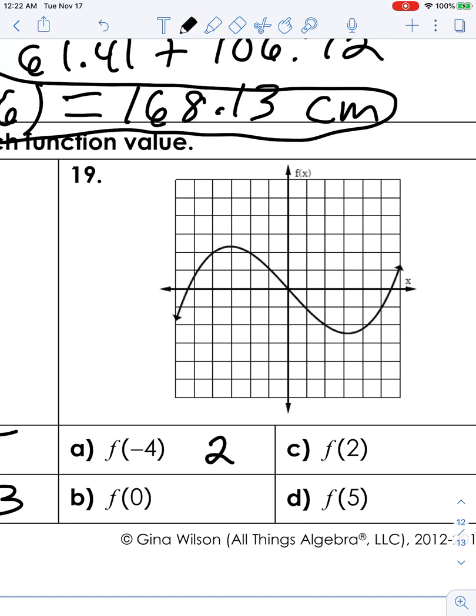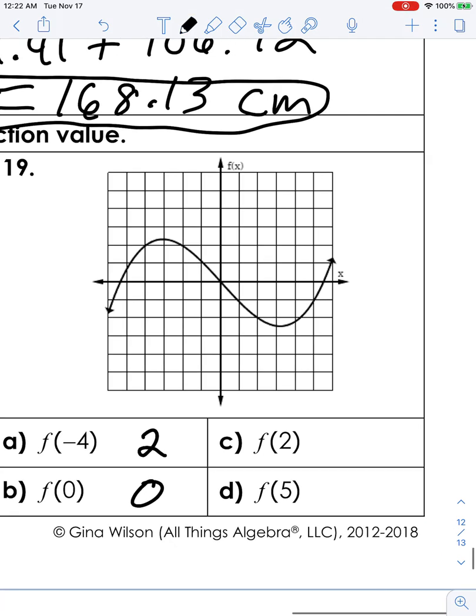All right, next one. B. When f, meaning when x is 0, well, y is also 0. When x is 2, so count right 2. What is your y? Well, it hits down here, right? So y is going to be negative 2.